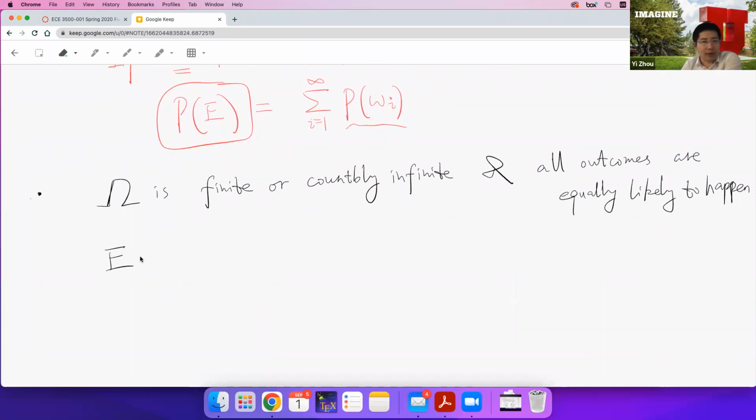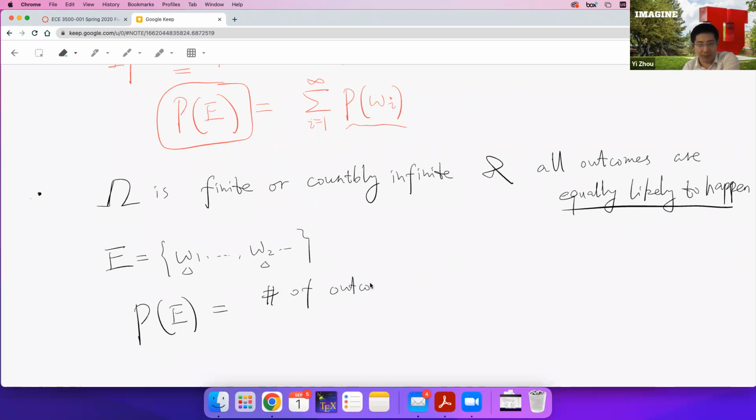In this case, if you consider an event that contains a bunch of outcomes, then the probability of this event is, because every outcome is equally likely, simply the number of outcomes in this event over the cardinality of omega, the number of all possible outcomes in the omega set.